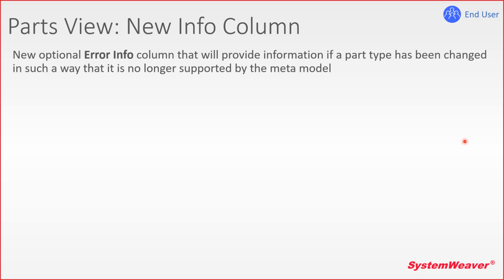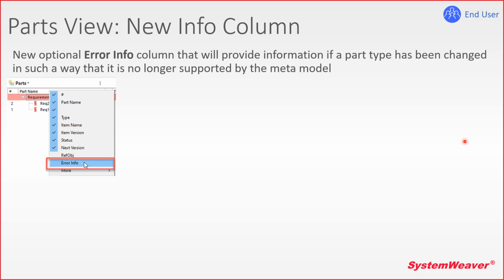The parts view, we implemented a new error info column to provide information if a part type's been changed in some way so that it's no longer supported by the meta model. So to view this new column, you would have to right-click on the header row and select error info. So if you see a red highlighting, you can get more information if you do that.